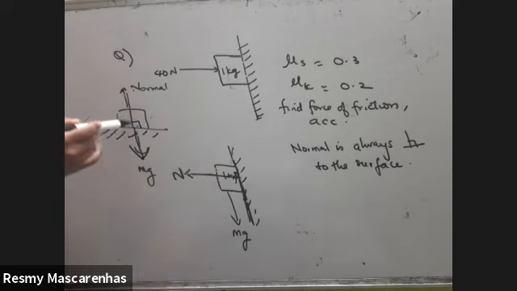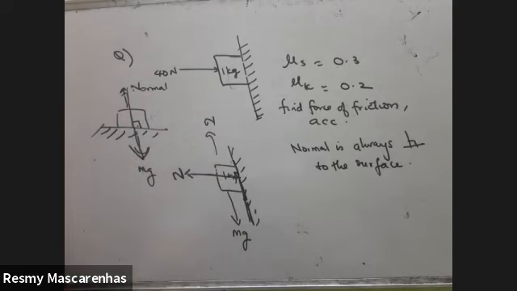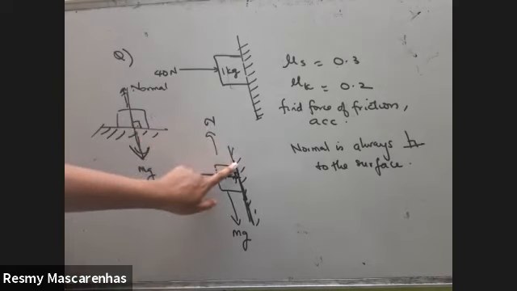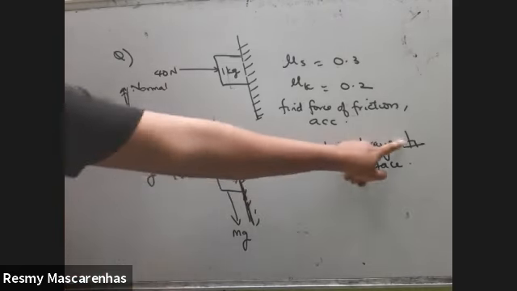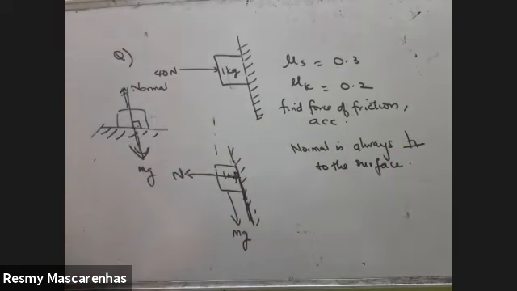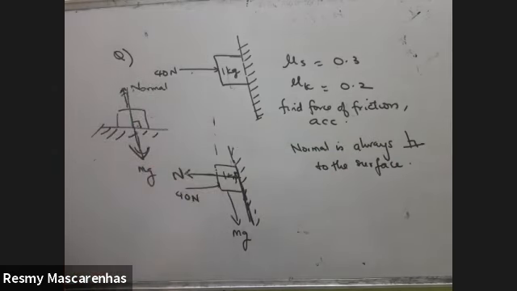Simply because our other problems had them exactly opposite, don't mark normal like this. This will be wrong. Why? Because normal will become parallel to the surface. The word normal itself means perpendicular. You have to always draw it perpendicular. So remember that. Plus there's one more force which is already there, that is 40 Newton.